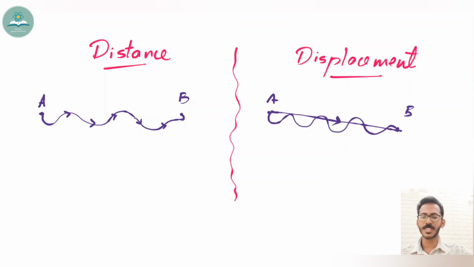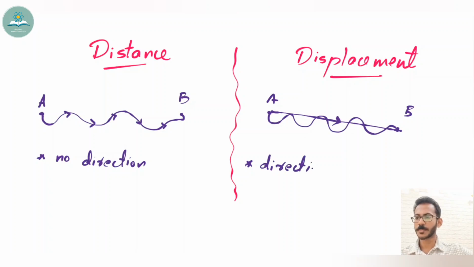But here, direction keeps on changing. So in the case of distance, we can't say an exact direction. So we'll say there is no direction or there is no exact direction. But in the case of displacement, there is an exact direction. Direction is present. Anyway, both are measurable.